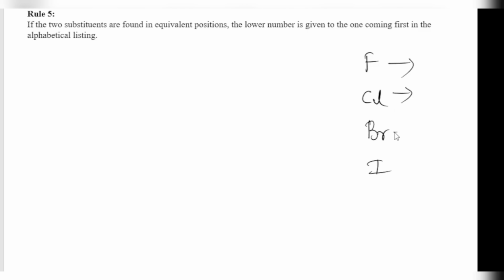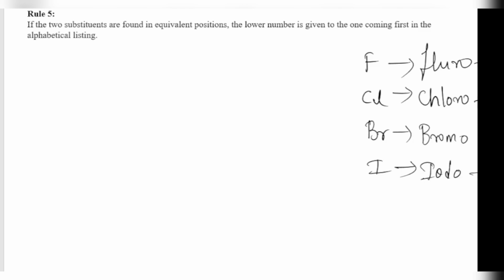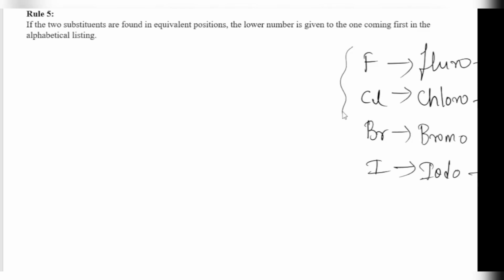What is the prefix for these? It is fluoro. This one is chloro, here bromo is there, and here iodo. Like this we have to use. This is for your kind information. This much is enough for halogens in IUPAC nomenclature.